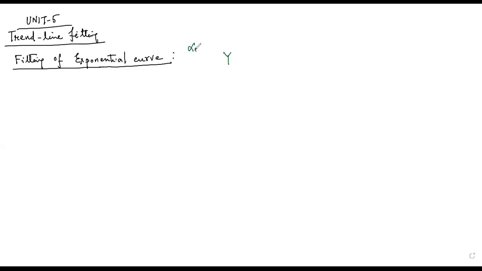First, we'll say that, okay, let this be the curve which is best fitting our given data. This is an exponential curve, or rather this curve which I'm considering over here is sometimes also known as power curve.